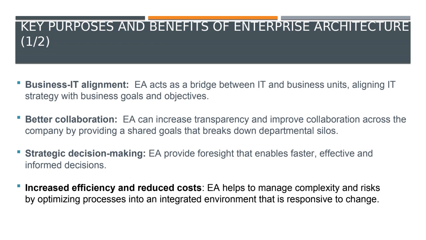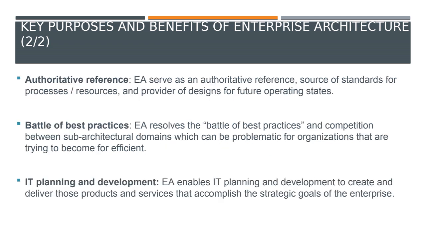So why do we need to have a good business architecture? First of all, alignment. Also for better collaboration with other partners in your enterprise. And also to make it easier to make decisions and to increase the efficiency and reduce costs. Also, authoritative reference, okay?